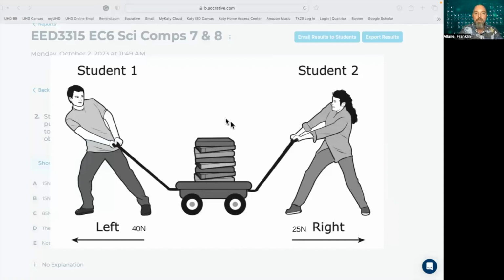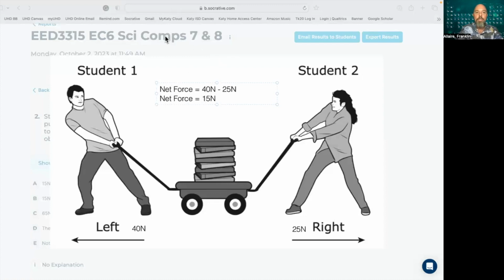And so we very simply are going to combine these forces. Now, if the forces were moving in the same direction, we would add them together. But since they are moving in opposite directions, we are going to be subtracting. So 40 newtons minus 25 newtons. Our net force is going to be 15 newtons.